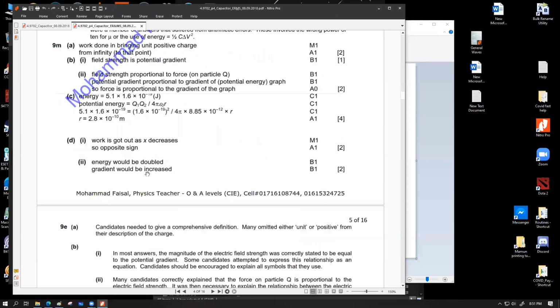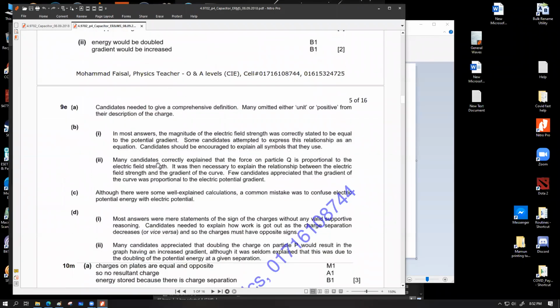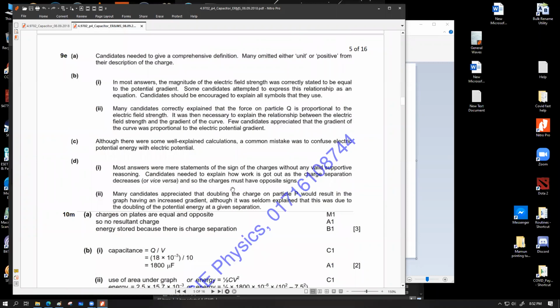Look, the energy value would be doubled, and the gradient would be increased because the graph would be steeper, obviously. Read the examination report for D, everyone. Sir, in this case, will the gradient also become double?